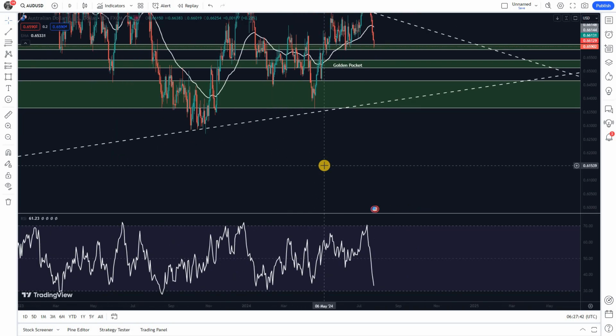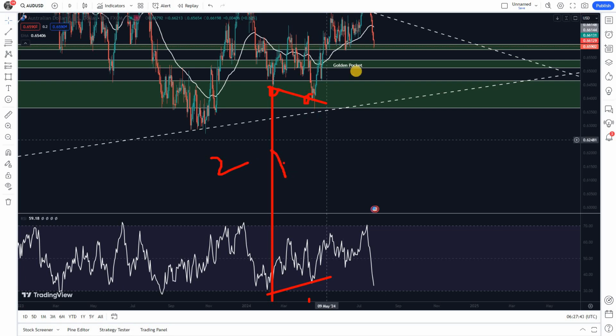Now if I see here and accordingly here, okay, as we can see, the market is changing its direction here. We have seen 2 divergences here, so it means the market can change its direction.